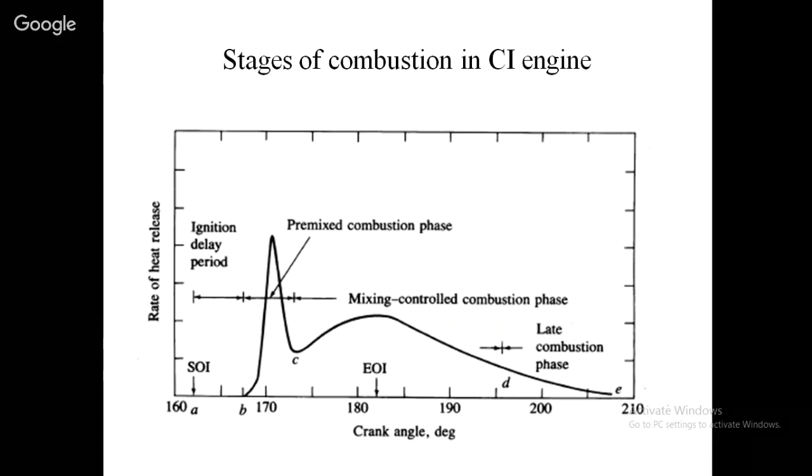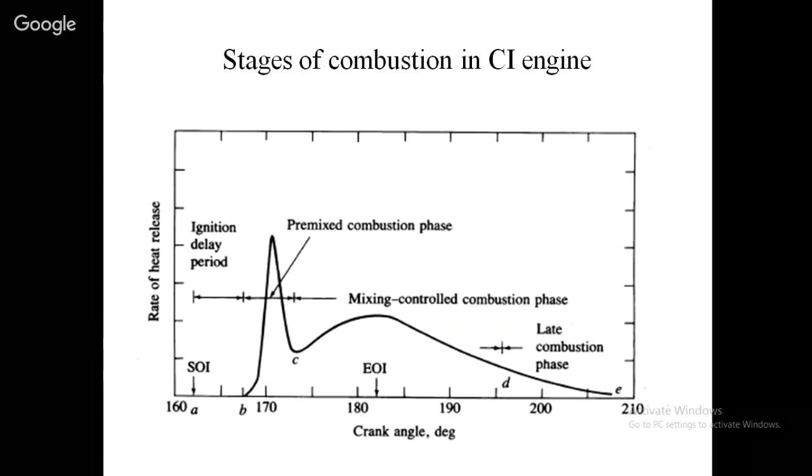So from D to somewhere around E is basically the late combustion phase, but it is essential. Why is it essential? Because if the fuel particles do not burn in this phase, they will give more polluted smoke outside of the engine. So this phase is also important.